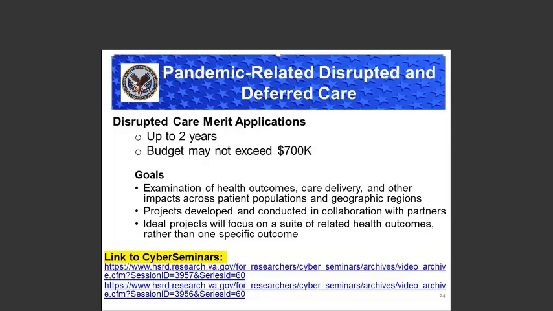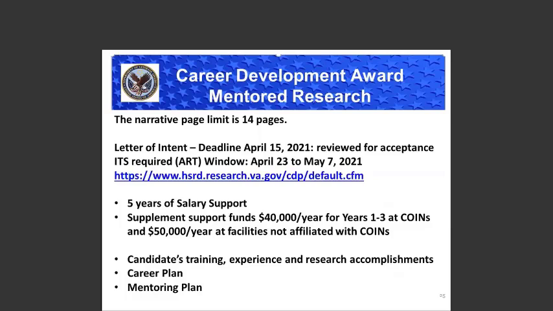Thanks, Stephanie. Okay, on the next slide, we're going to talk about Career Development Awards, our mentored research program. These awards, as I mentioned earlier, require a letter of intent, and the deadline is April 15th. In addition, they will require an ITS.